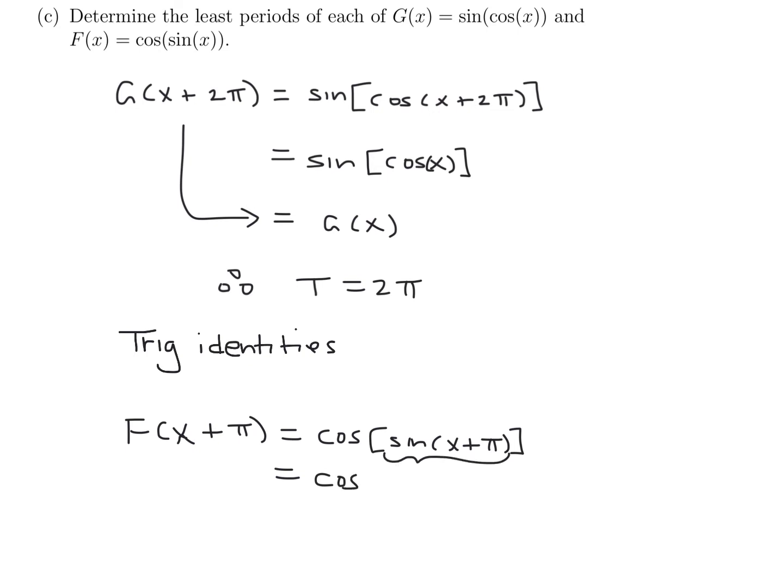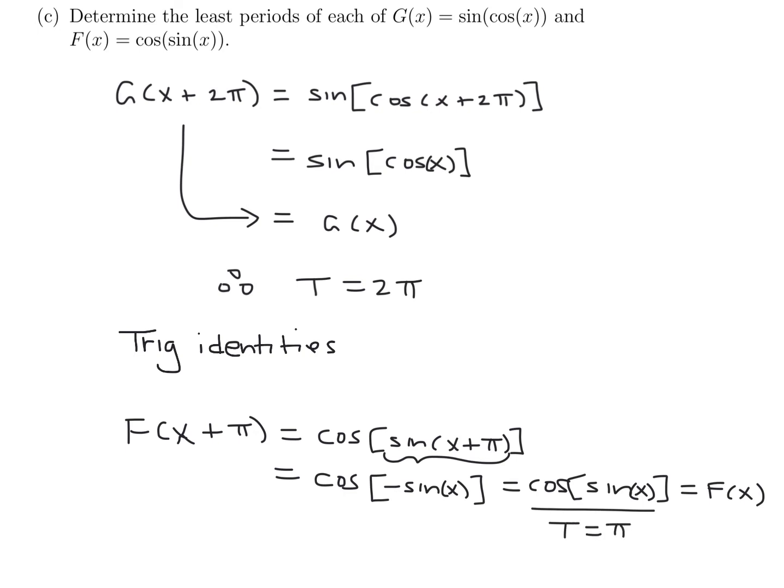This part in here is the same as minus sine x. Yeah. And then cos of minus sine x is the same as cos of sine x. And then this part is just f at x. So this period is pi. And yeah, that's what they wanted you to find individually. What is the least period there and what is the least period there?